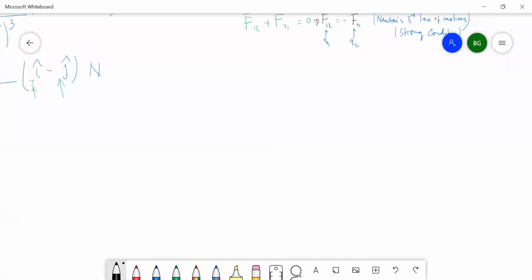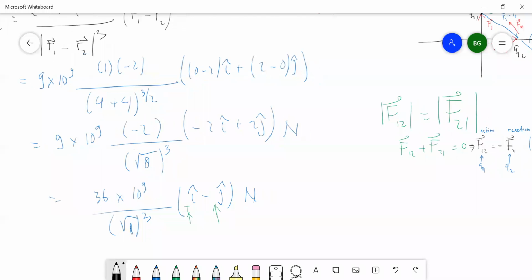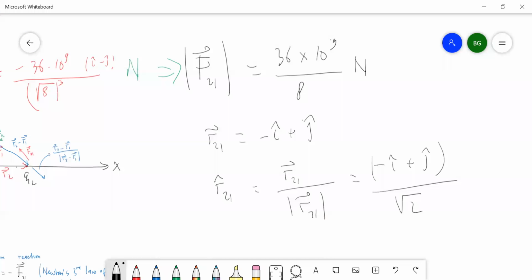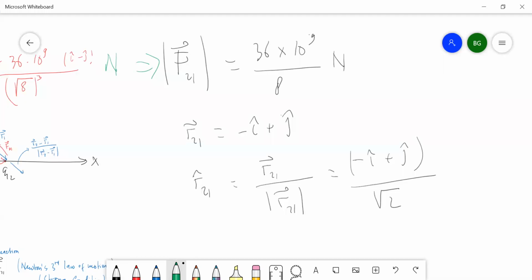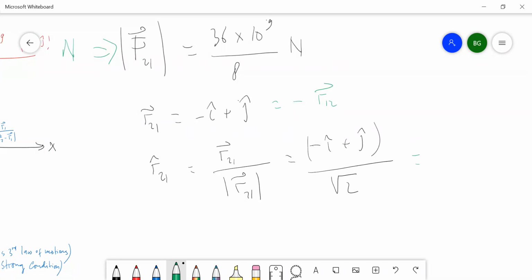And for the other side, for F12, so for R12, this is on the minus of R12. Okay. And also this is also the minus of R12. Okay.